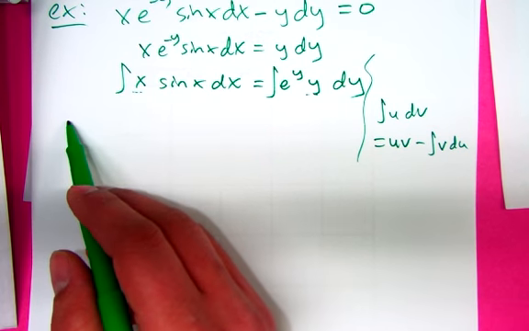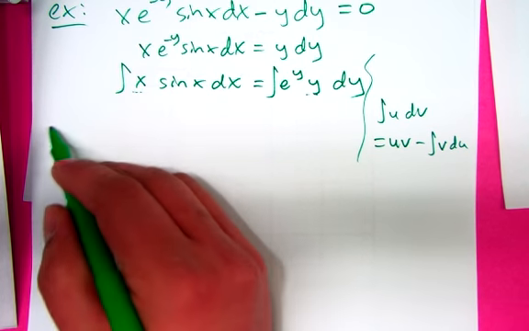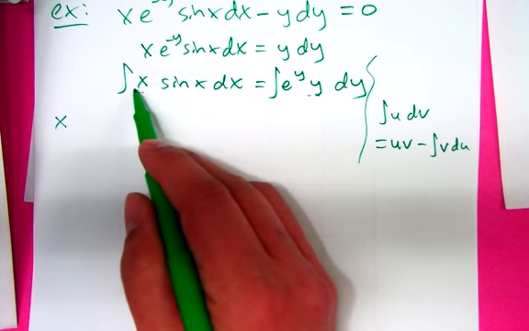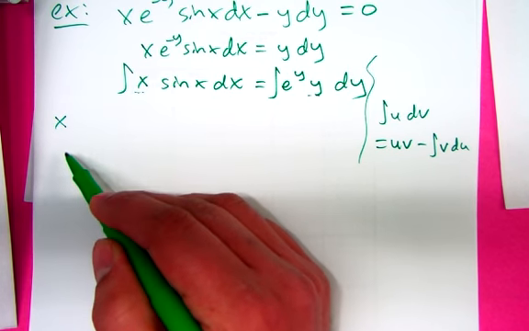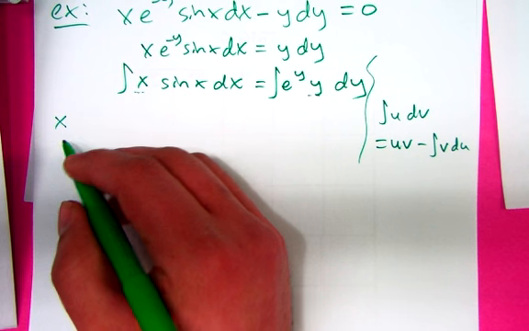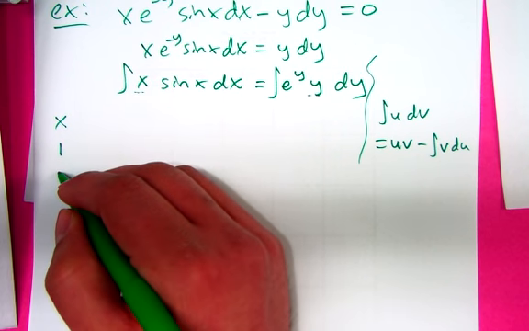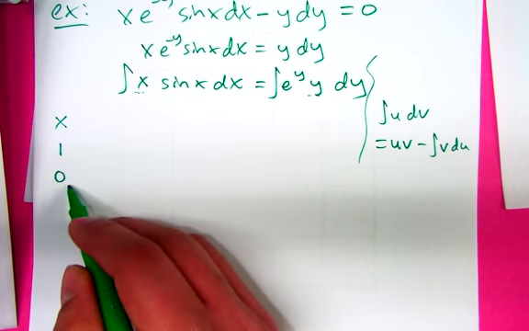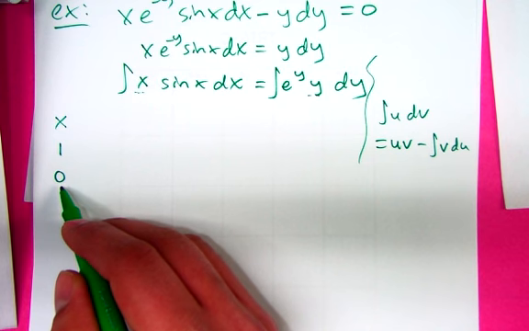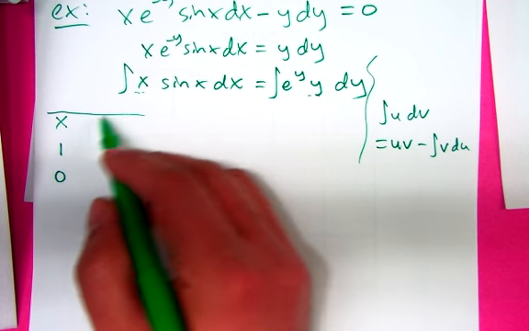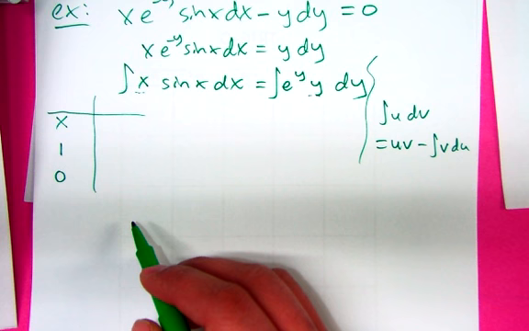If you forgot tabular, you take the polynomial part of the product and you differentiate, so the derivative of x is 1, the derivative of 1 is 0. You differentiate until this goes to 0. And then on the other side, you integrate.